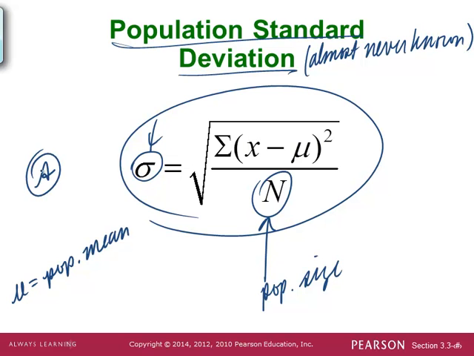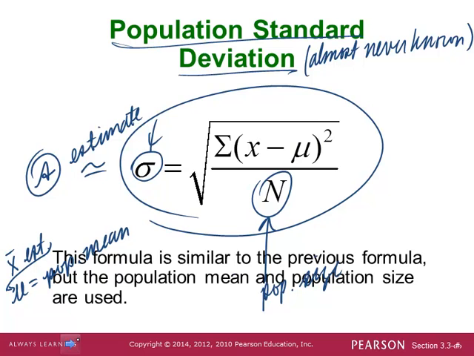So we use S, our sample standard deviation, to estimate sigma, just like we use X bar to estimate mu. And that leads us into a discussion of inferential statistics, which will be in Chapter 4.